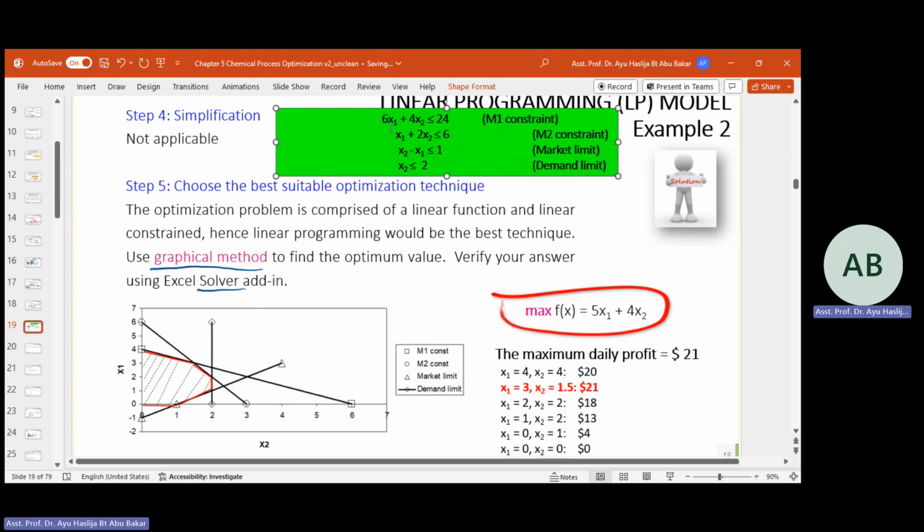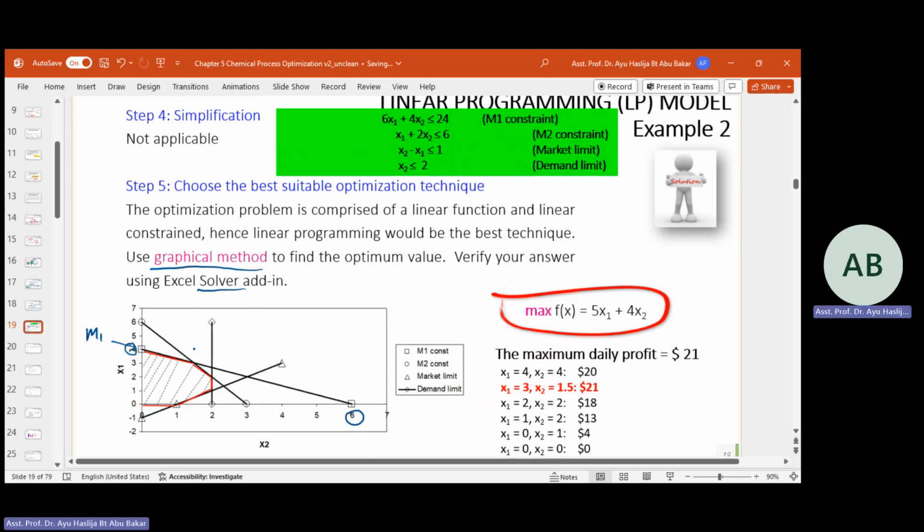So we plot one by one. You must have 4 plots. Okay, M1 constraint. Where when x2 equals to 0, x1 equals to 4. Okay, x1 0, x2 equals to 6. You get that line.